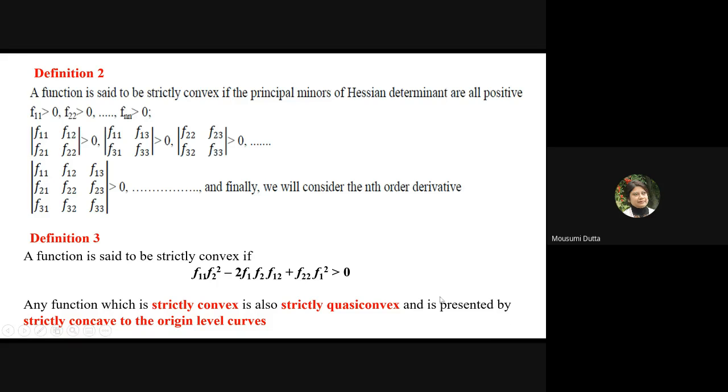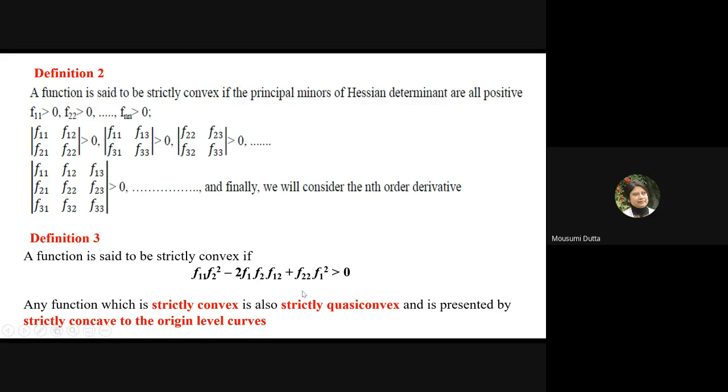Okay. There is also a third definition. A function is said to be strictly convex if this expression f11 f2 squared minus 2 f1 f2 f12 plus f22 f1 squared is greater than 0. Actually, this is coming from these expressions. I have mentioned this fact because in the context of the bordered Hessian determinant, along with the second derivatives, the first derivatives will also appear.